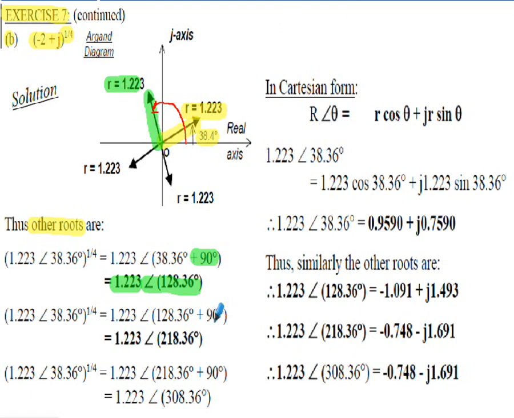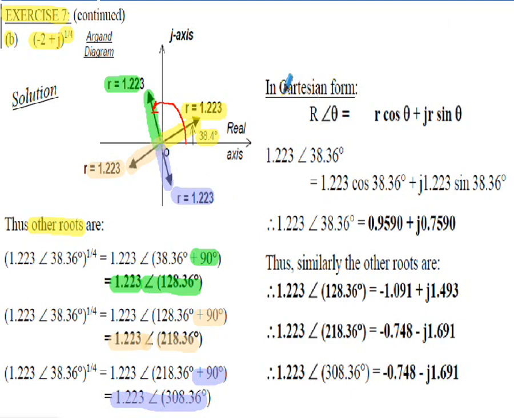To find the third root, we simply add 90 degrees to the second root, so that's 1.223 argument 218.36 degrees, so that will be the phasor shown here. And to find the fourth and final root, we add 90 degrees to the third root, so the final root is 1.223 argument 308.36 degrees, and that's the root shown here.